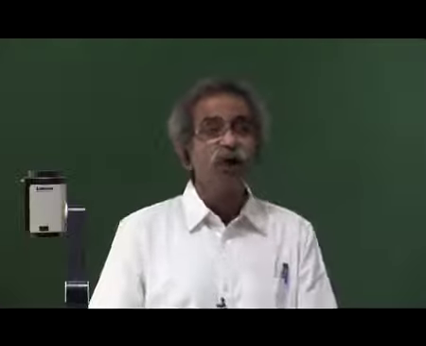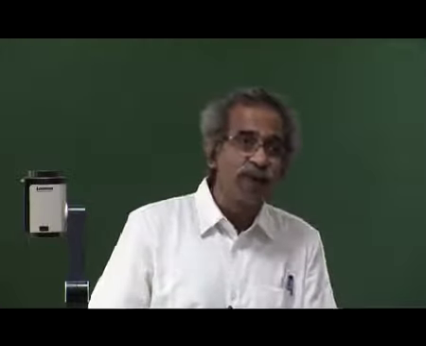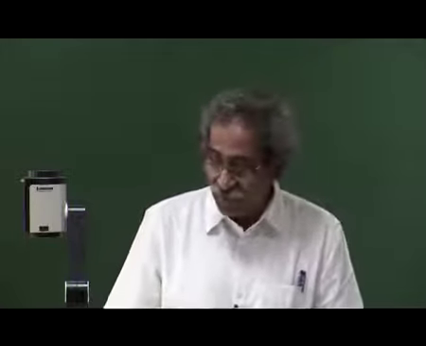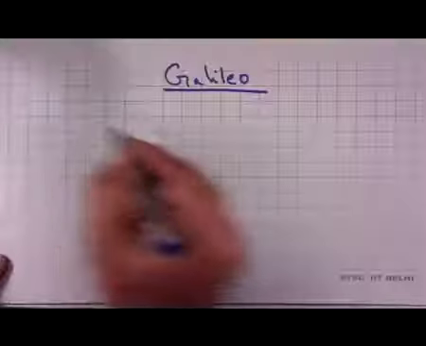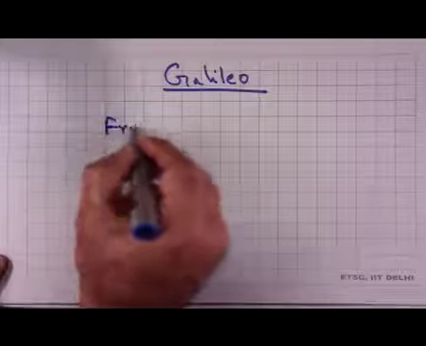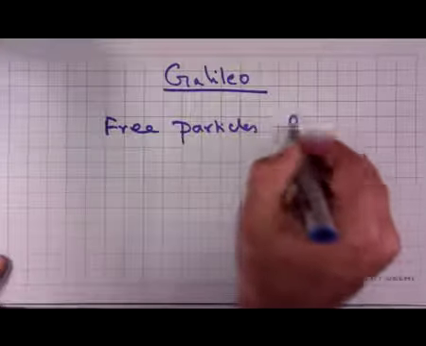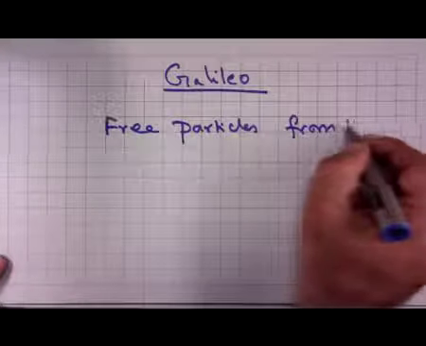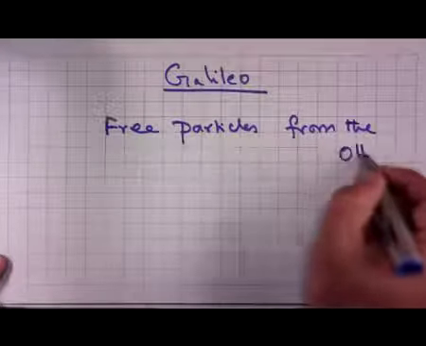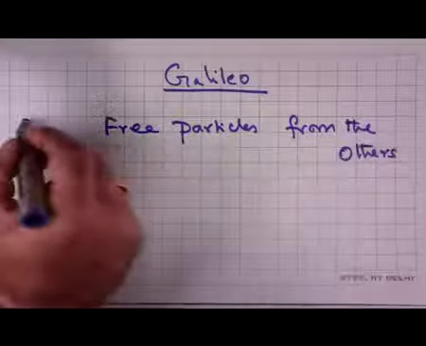We compute what the acceleration should be by looking at the force. It is very important. So, what are we saying? We assume that we know how to distinguish free particles from the others. So we have to distinguish.